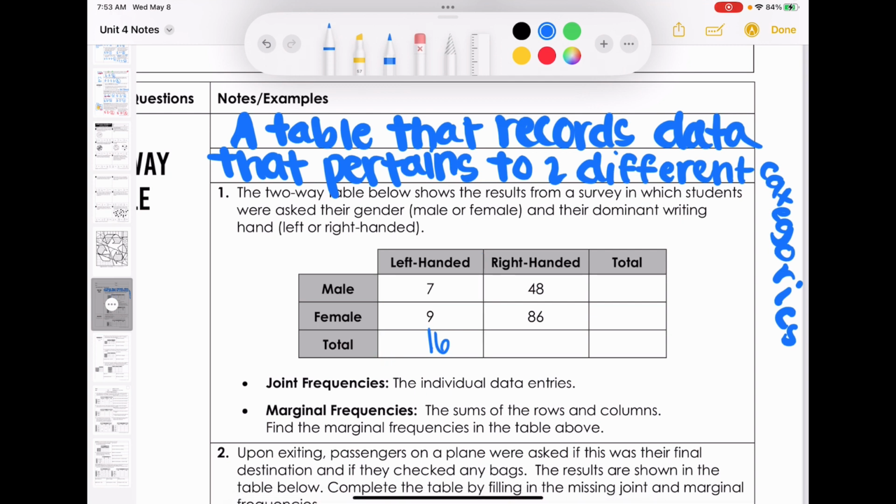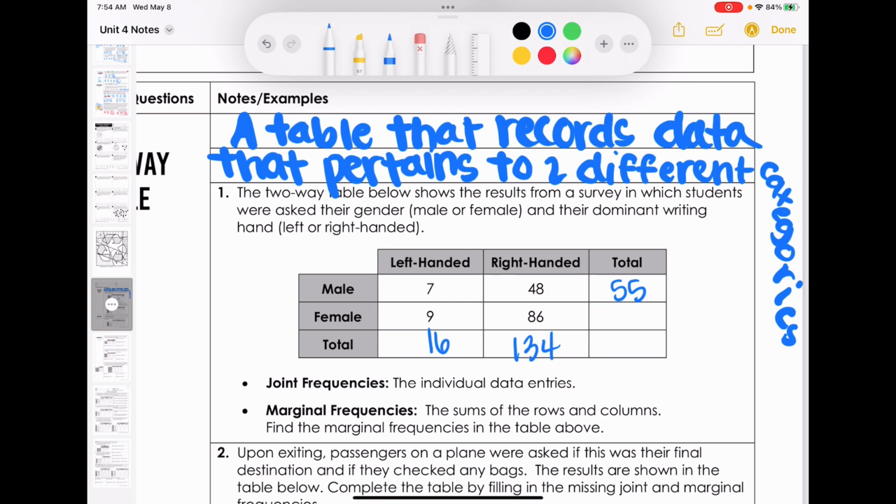All right, same thing for right-handed. We have the total of males, the total of females, so to get the total, I'm going to add those two numbers together, and I get 134. Now I want the total number of males, so we're looking at the first row. I have how many were left-handed, how many were right-handed, so I'm going to add those together, and that gives me 55.